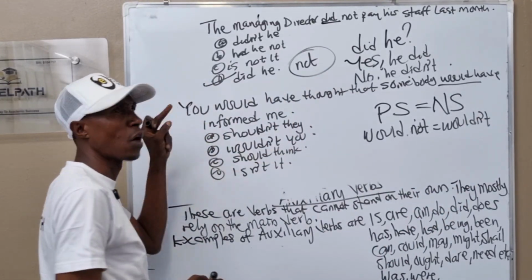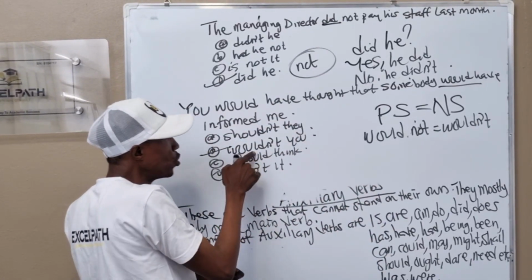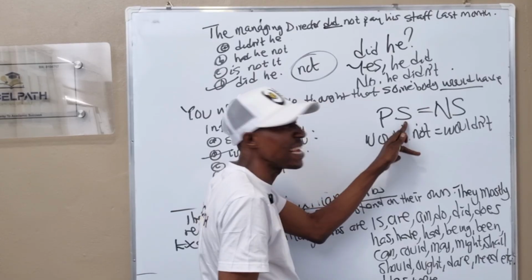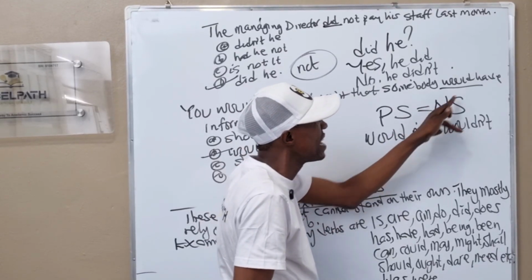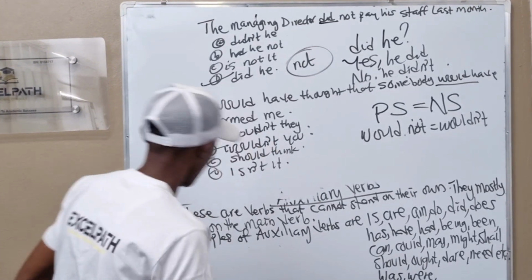And you are talking about somebody, then it becomes option B, "wouldn't you?" So when a positive statement is given, it goes with a negative answer. Take note of that.